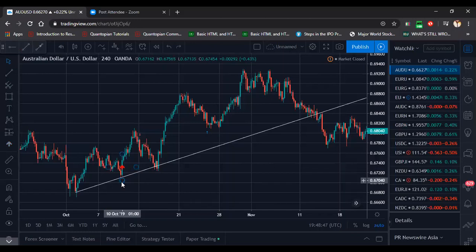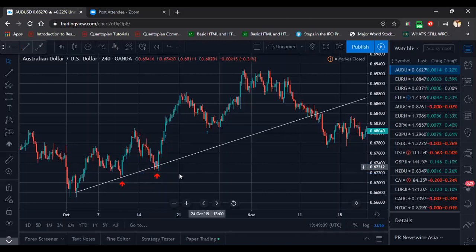Yeah, so this is what I'm trying to do: show you the support and resistance levels, right? So you realize that this level will serve as what? Your support level for an uptrend.